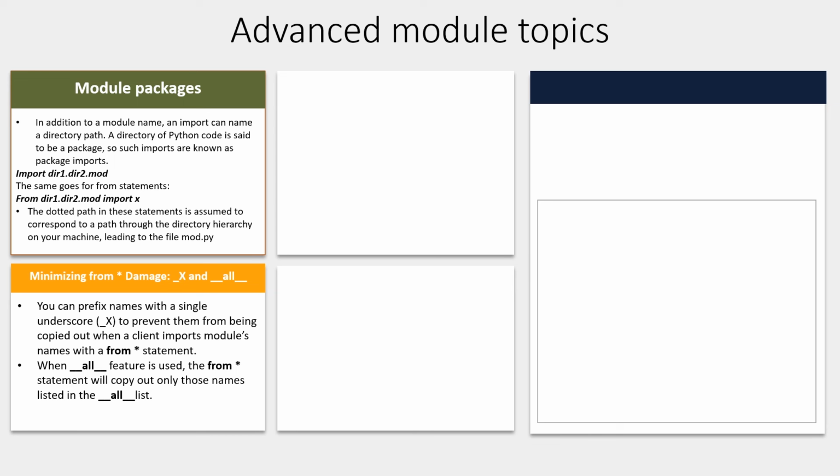For example, when the double underscore all feature is used, the from asterisk statement will copy out only those names listed in the double underscore all list. So that's the example for the same.